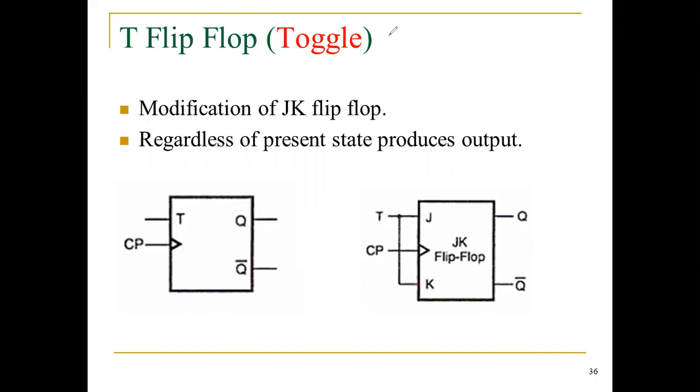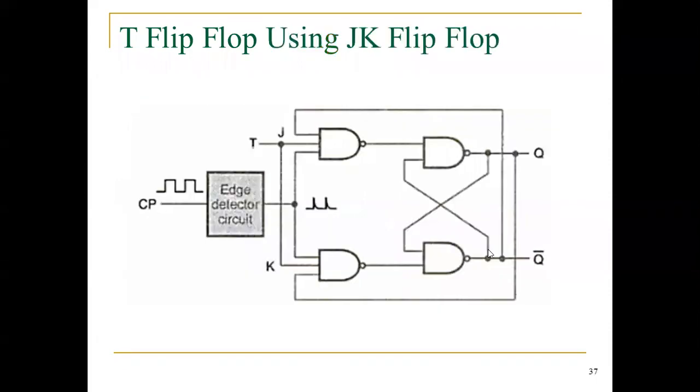Similarly, we can obtain D flip flops also. What do we have to do? Just connect the J and K terminals using an inverter, similar to the previous case. Now we call this a D flip flop, delay flip flop. Similar to the SR flip flop, you can obtain that.